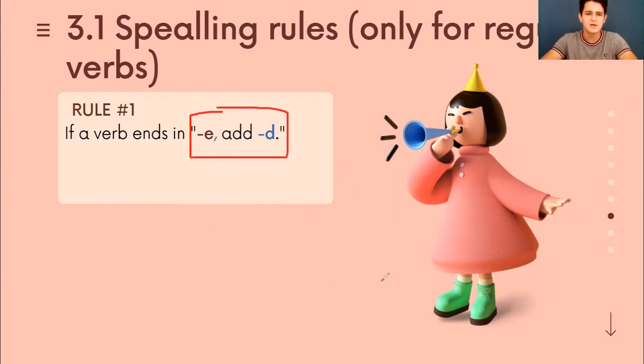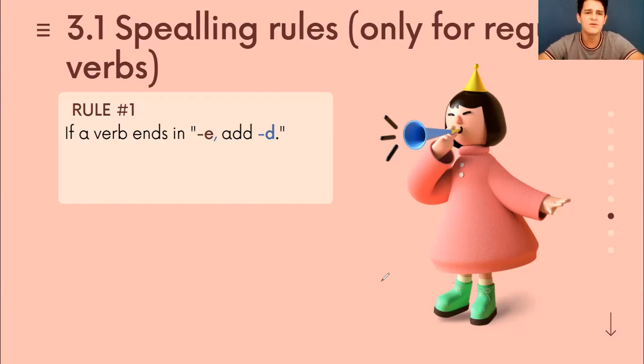Okay, guys? So, rule number one, which is very general, okay? If a verb ends in E, we add the D. Si ya el verbo tiene la E, no le voy a agregar otra E, solo le agrego D, okay?